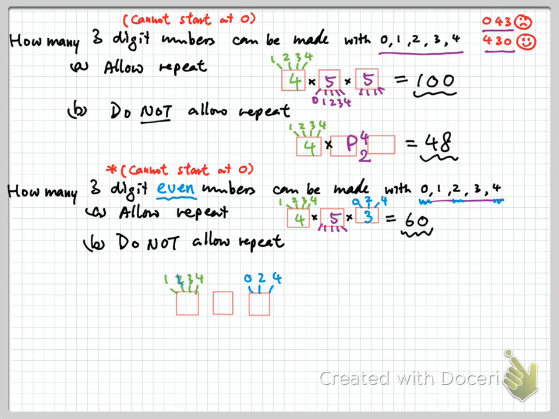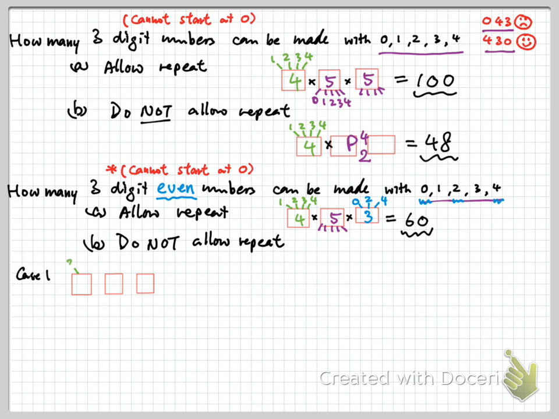However, if you took a 2 or 4 on the green box, then you are down to only 2 options in the blue box. So you have to split into two cases. Case 1, you start with 2 and 4.